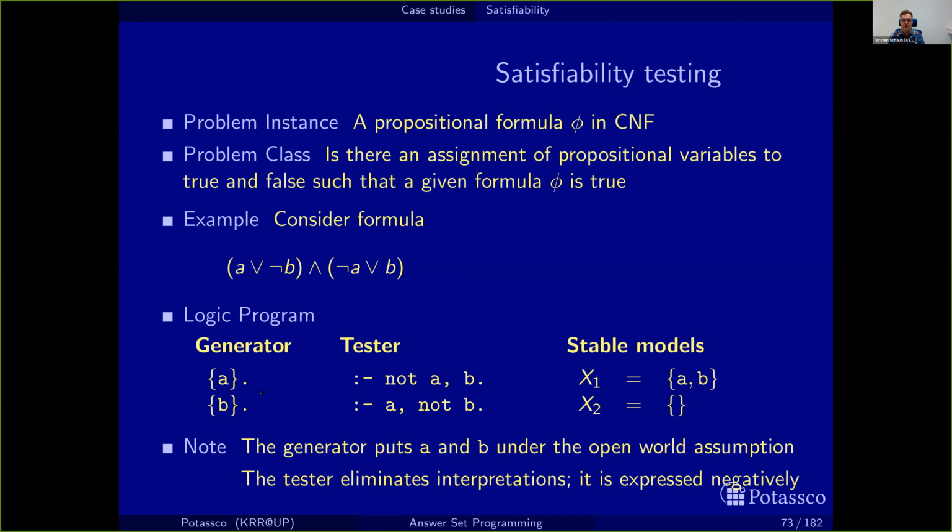And just to summarize this, the generator puts A and B under the open world assumption, that's what I just described here. And the tester eliminates interpretations that violate the formula in CNF, but it's expressed negatively. Let's just check this, right? So let's just keep observing what happens here. So we have this formula.